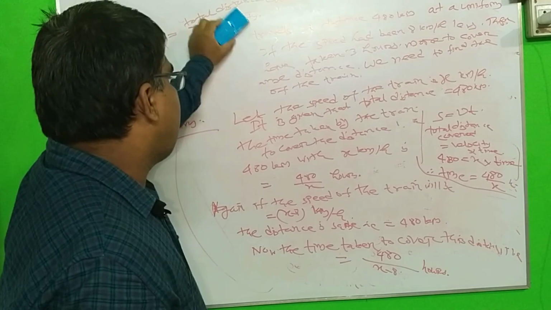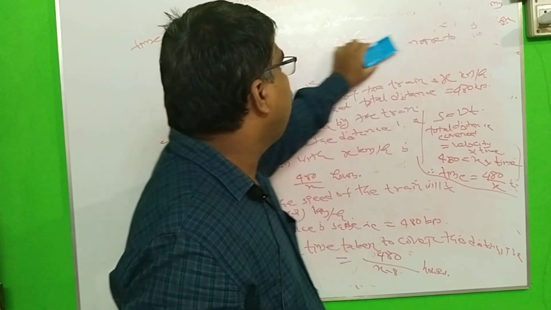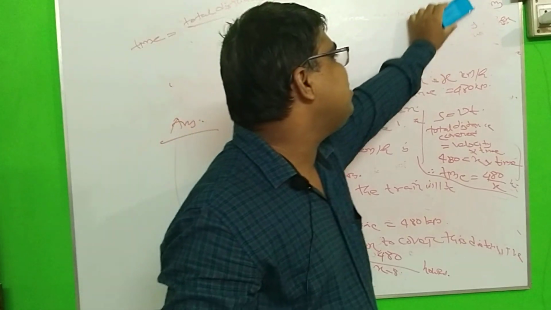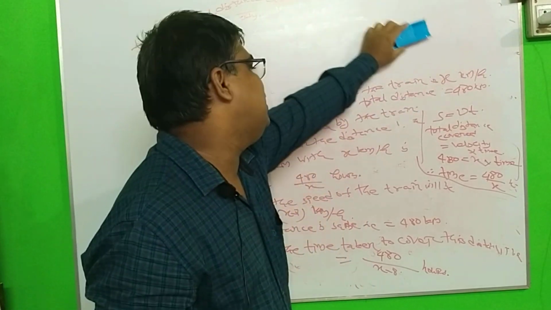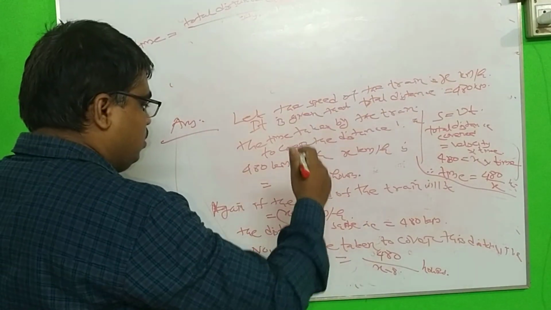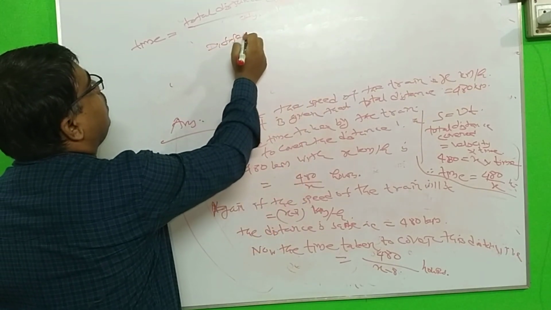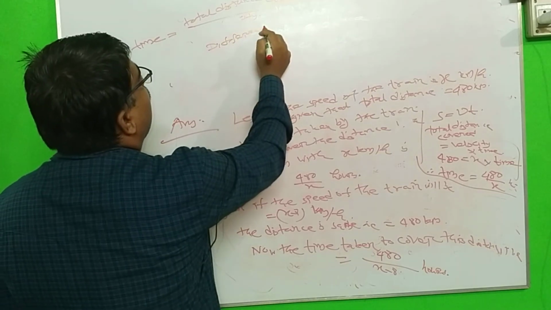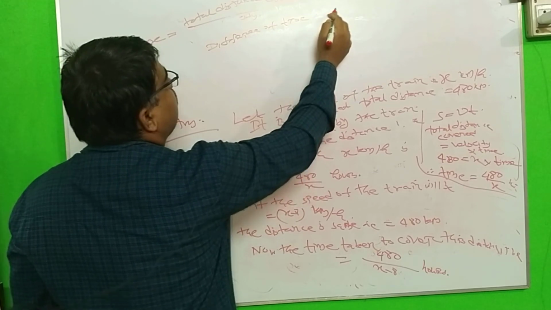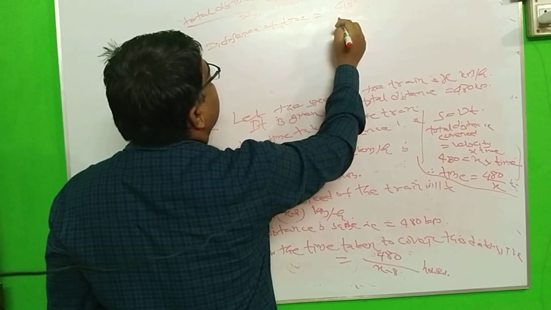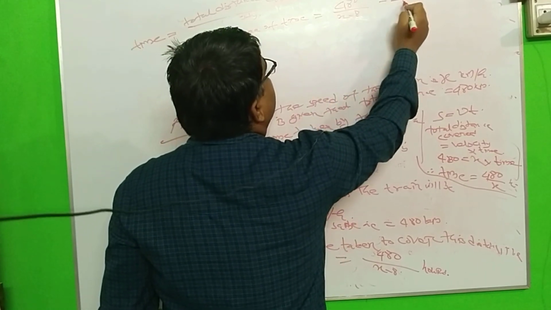Now since 3 more hours are needed to cover the same distance when the velocity is decreased, the difference of time is 480 by x minus 8 minus 480 by x.